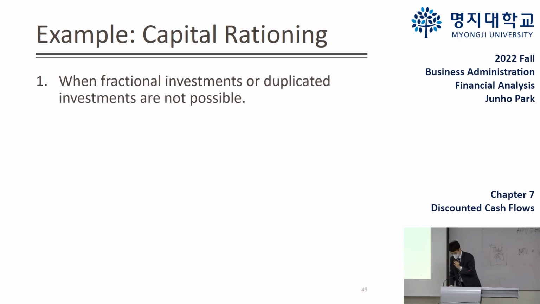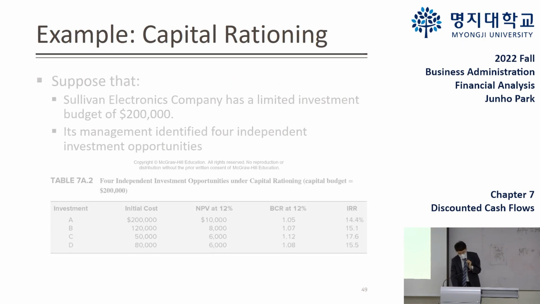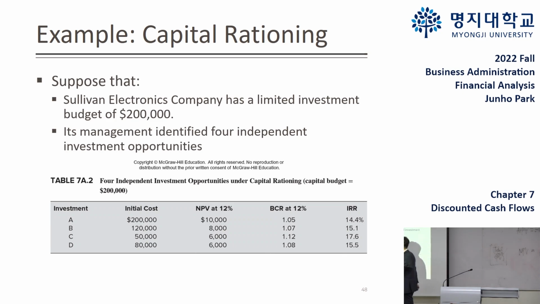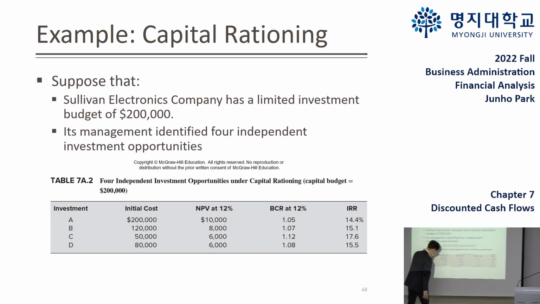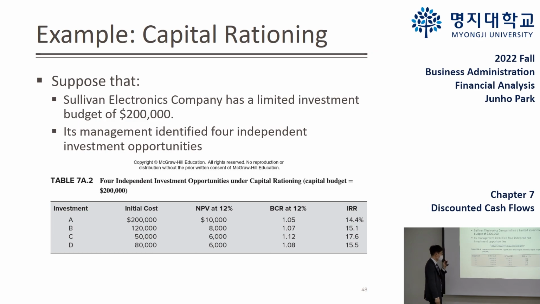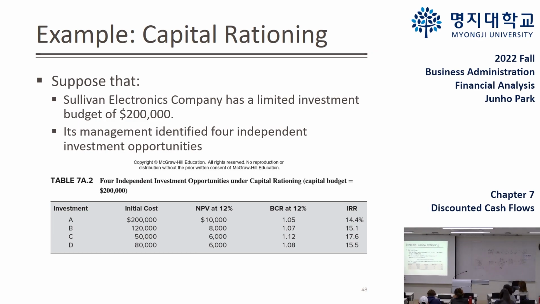And in that situation, we have a different set of choices. Because we have a limited budget of $200,000, if we choose investment A, we immediately spend $200,000. Therefore, we have no money left. That means we cannot have B, C, nor D as long as we have A.